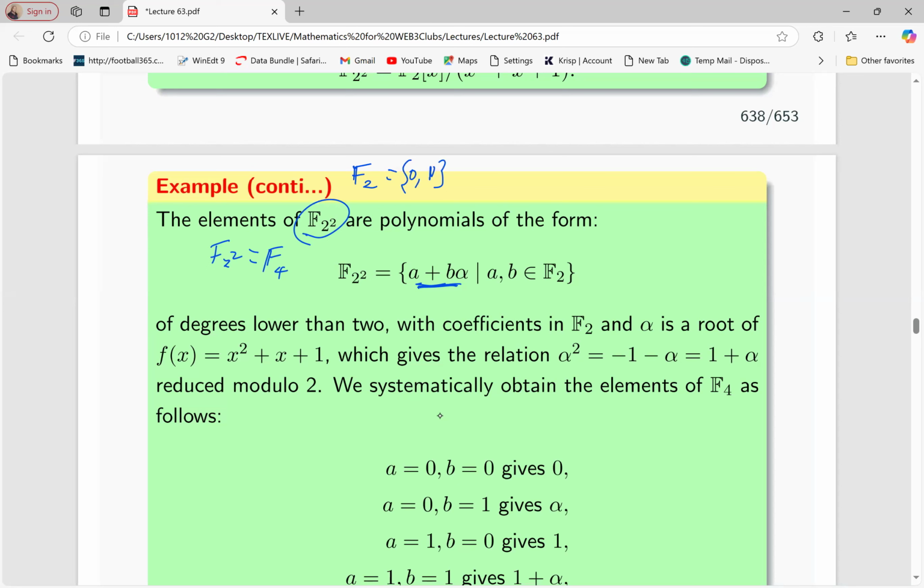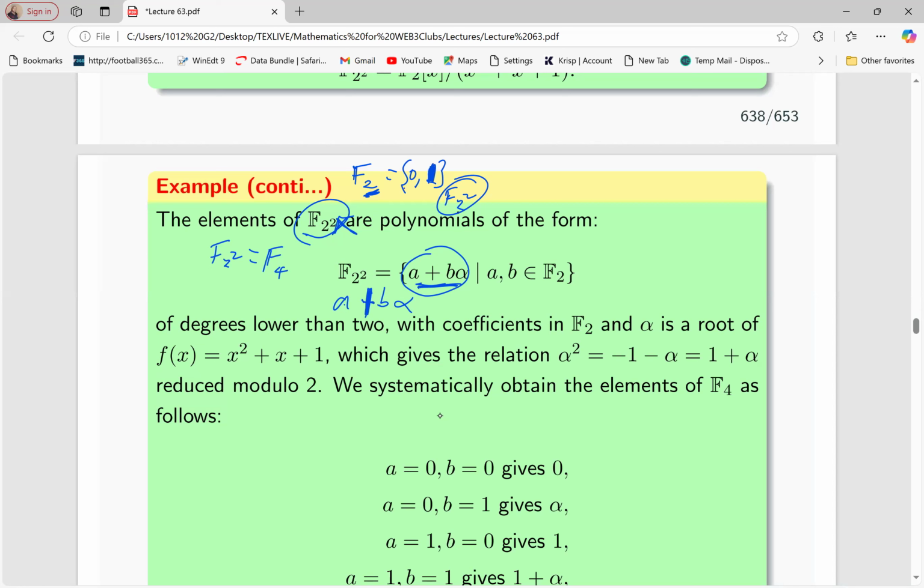But if you want an extension, the elements of this extension will be polynomials, and I've said they will be polynomials of degree 2. Those polynomials will be of this form: A plus B alpha, where A and B are the elements 0 and 1.